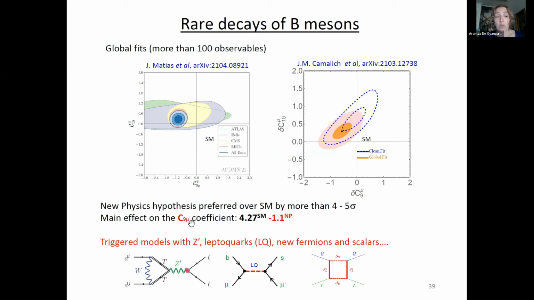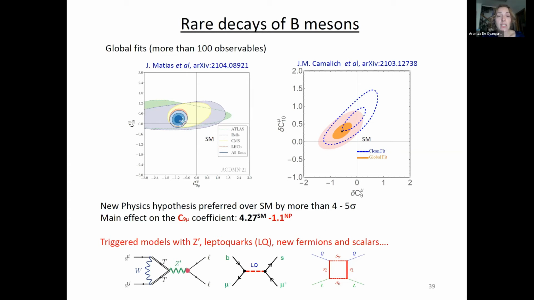The main effect is in the C9 coefficient, which is equivalent to muons, which is preferred to have a contribution of about -1, as you can see here, compared to what is expected by the Standard Model.